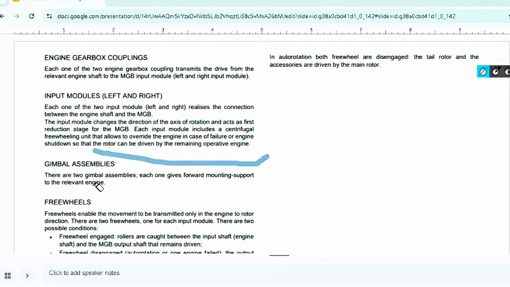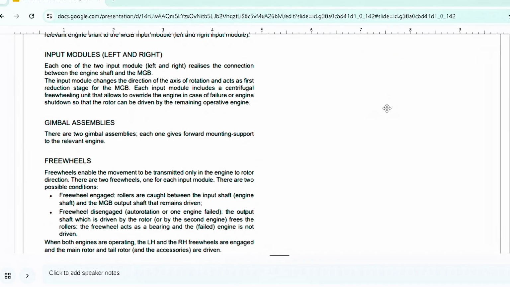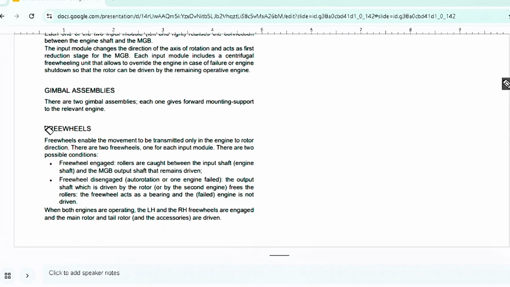Now, gimbal assembly. There are two gimbal assemblies. Each one gives forward mounting support to the relevant engine. Okay. Now, freewheel. Freewheel enables the movement to be transmitted only in the engine to rotor direction. There are two freewheels, one for each engine input module.